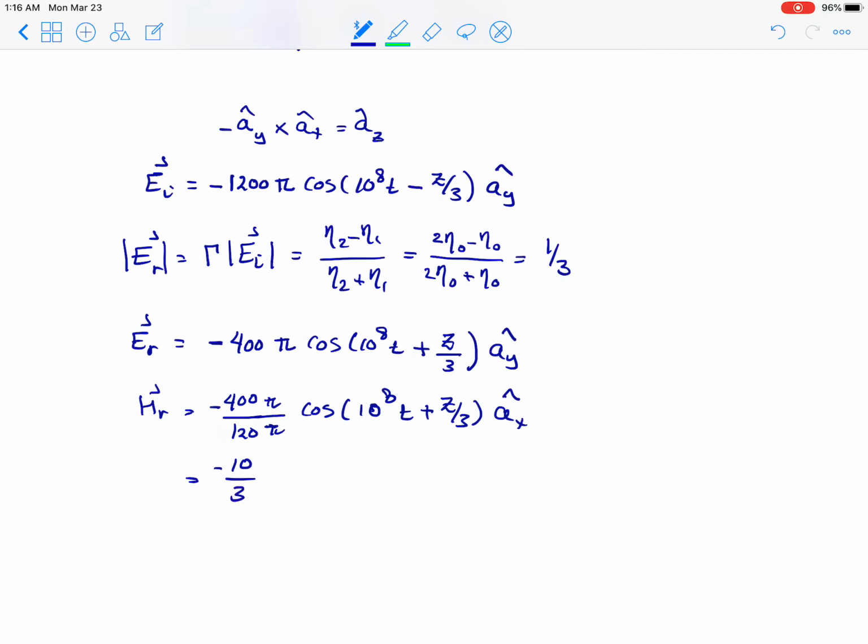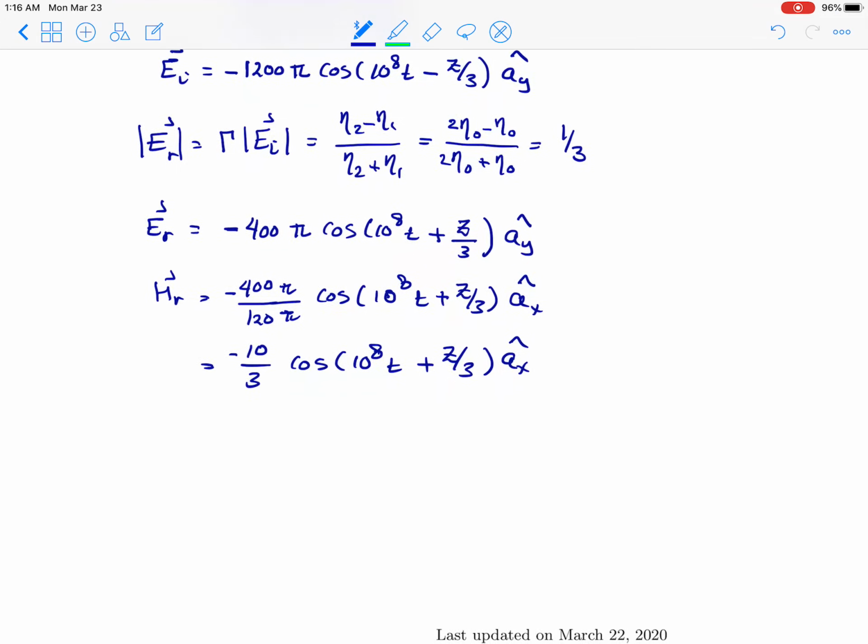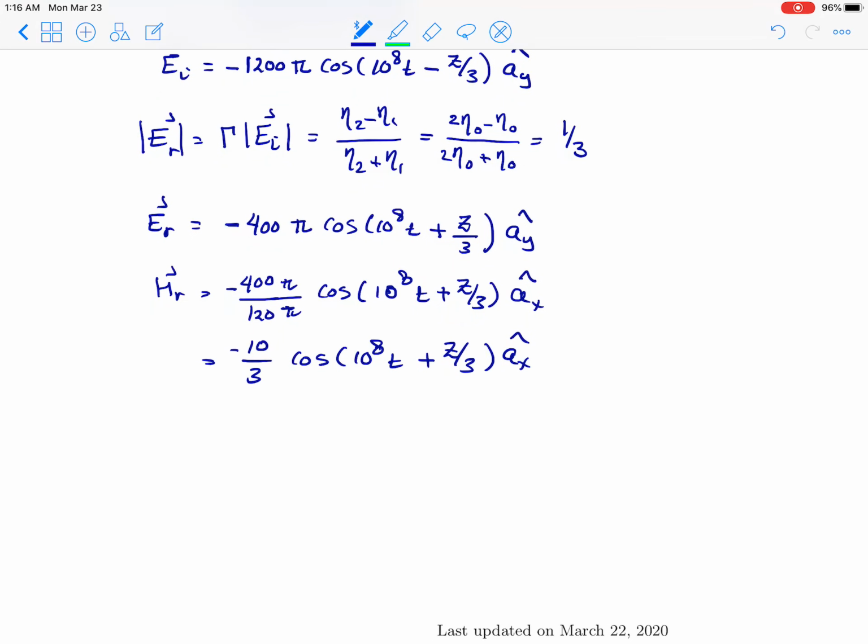And if I simplify this one, it's going to be negative 10 divided by 3 cosine 10 to the power 8 t plus z divided by 3, along x.